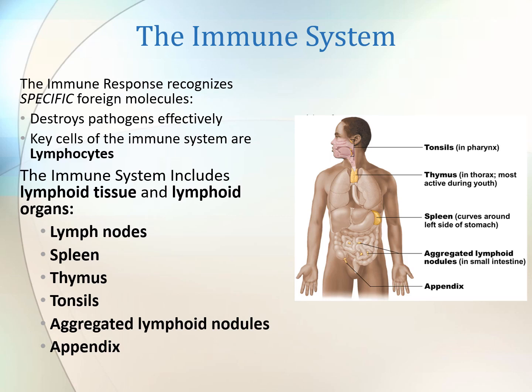And then these aggregated lymphoid nodules that we'll talk about in a little bit, they're in other tissues. And then the appendix. I know I've had my appendix out. I don't know if anybody else has, but they say the appendix doesn't do anything in the body, and it does, but we just don't need it to survive. The appendix is a lymphoid tissue.